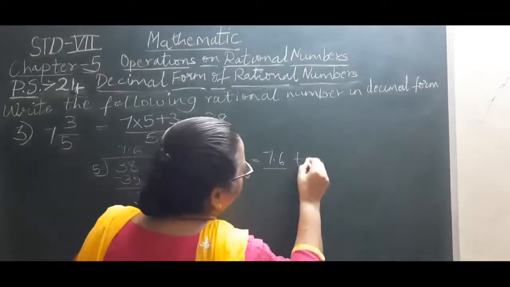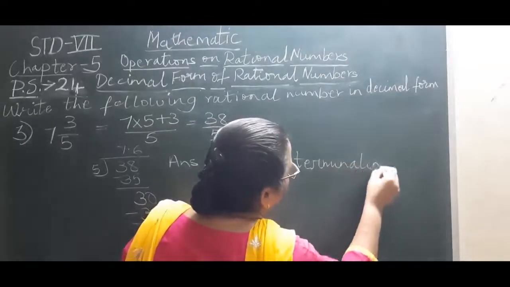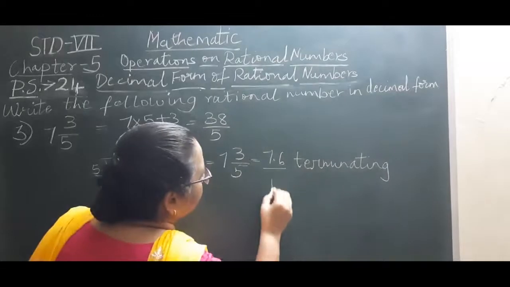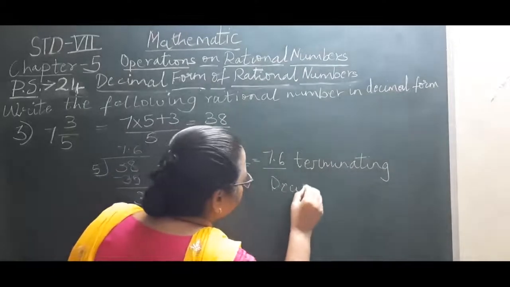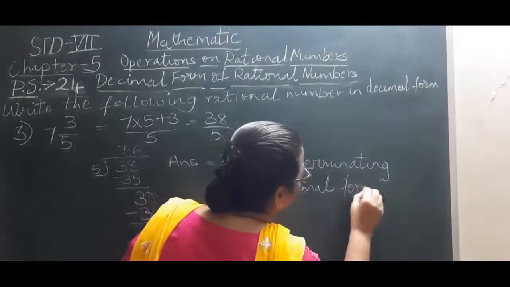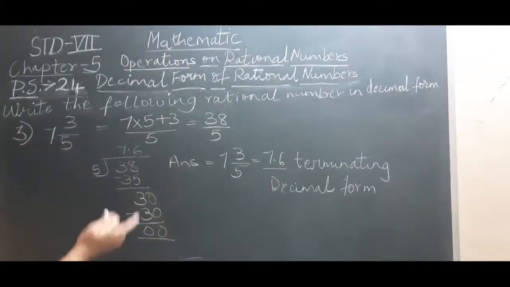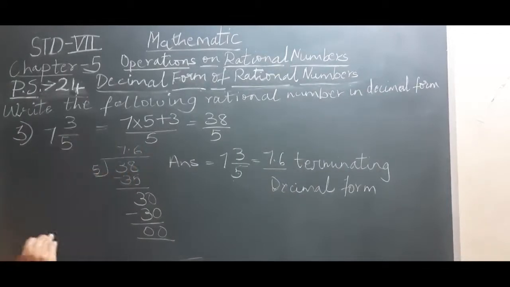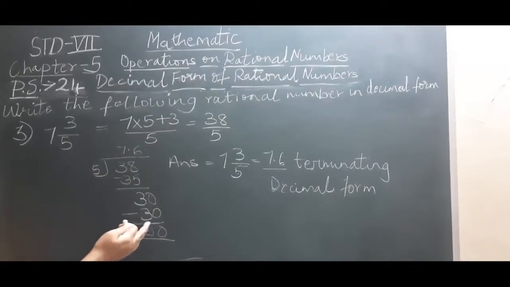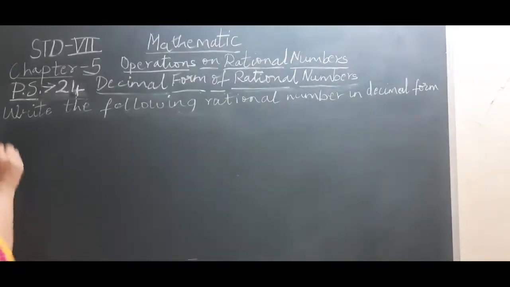It is a terminating decimal form. Have you understood, children? It is easy. First you have to convert it into an improper fraction and then divide it and then get the answer in the decimal form. Let's see the fourth one.